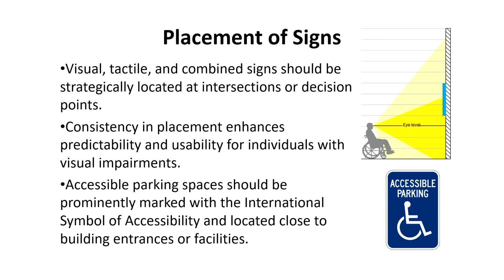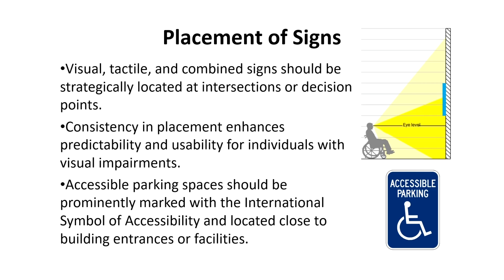Now, next we come to the placement of signages. Placement of signages is critical for assuring usability, particularly for individuals who are visually impaired. Consistency in signage placement is especially important for tactile signages.